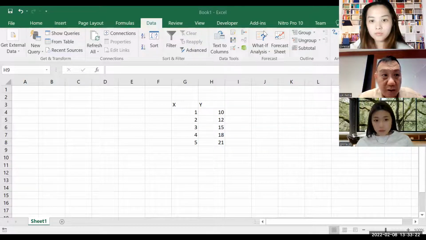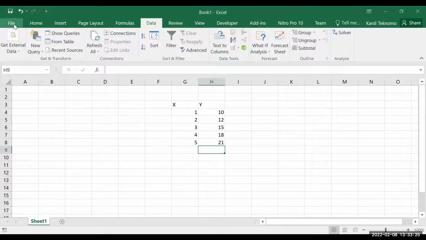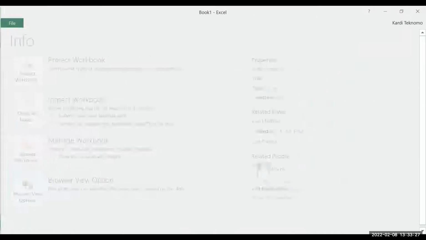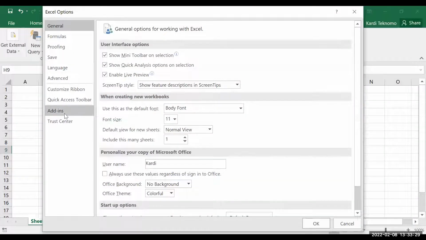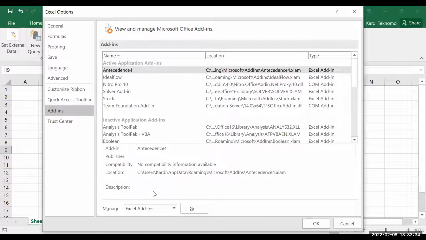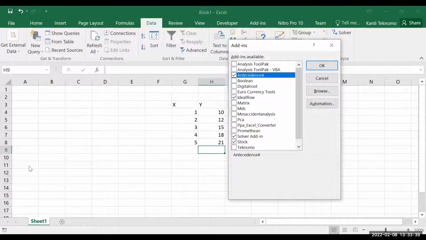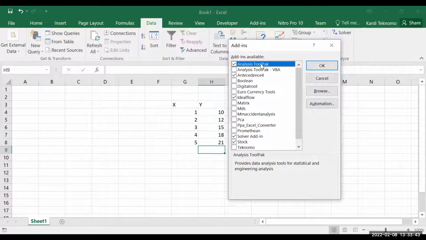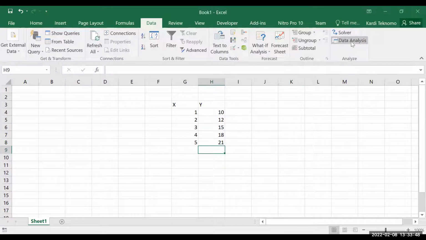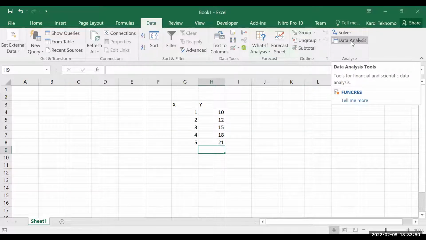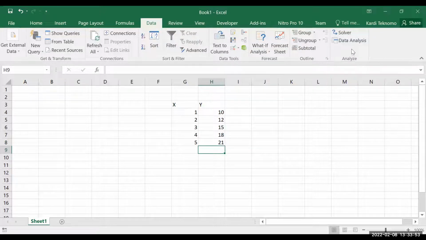If you don't have Data Analysis, you go to File, Options, Add-ins, and click Go, and then check the Analysis ToolPak. There, you have Data Analysis here. Can you see it? Then you can choose Regression.